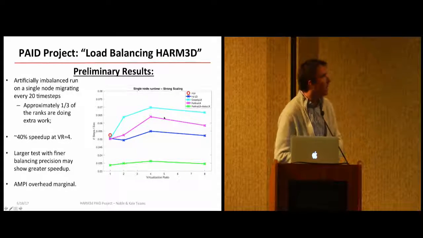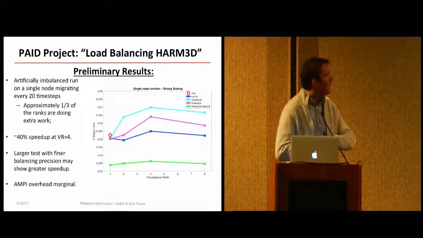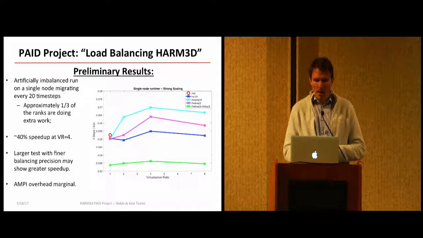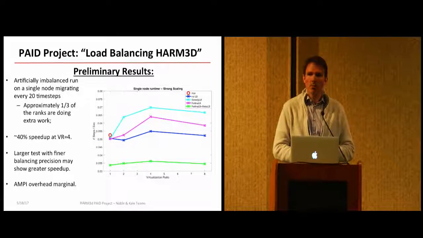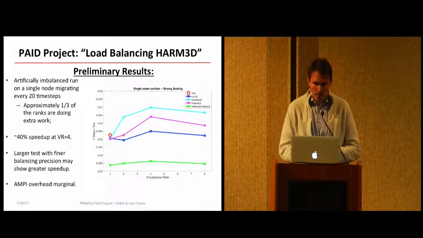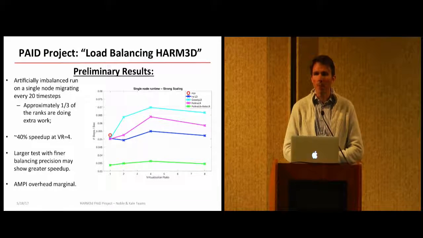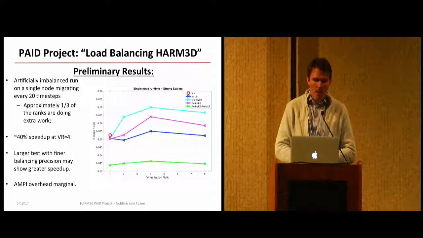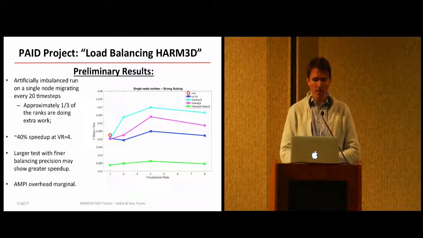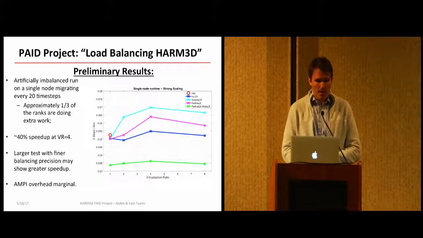I can't read it. Refine. Oh, right, the refined load balancer. We see that the greedy one works better, and also using a virtualization ratio of greater than 4 doesn't really help us, at least for this particular test. We'll have to repeat it for our production level run, but we got a 40% speedup at that maximum rate. So that's encouraging.